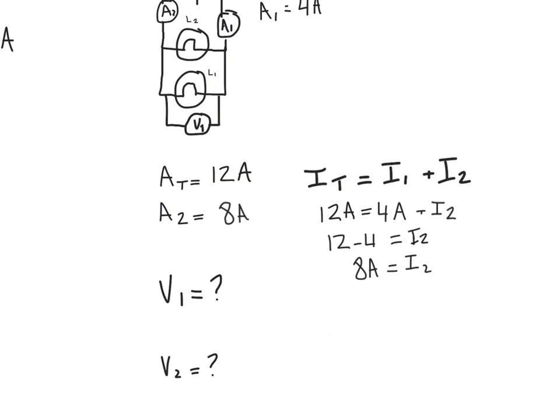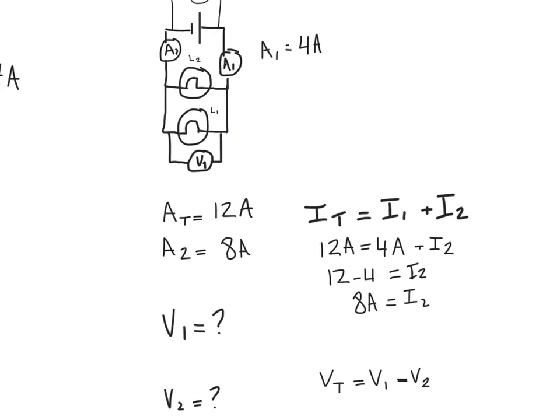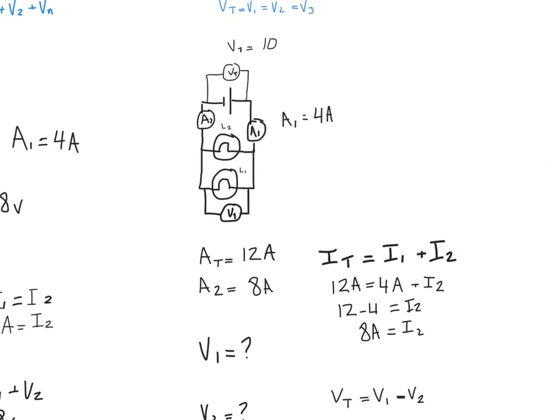Okay, so then we want to know voltage 1 and voltage 2. If we write out our formula, voltage total is equal to voltage 1 is equal to voltage 2. Those are the ones we care about. So we're told that voltage total is 10, and we want to know voltage 1 and voltage 2. And so that voltage 2, even though it doesn't have a voltmeter, we know that that would be it because this is designated as load 2.